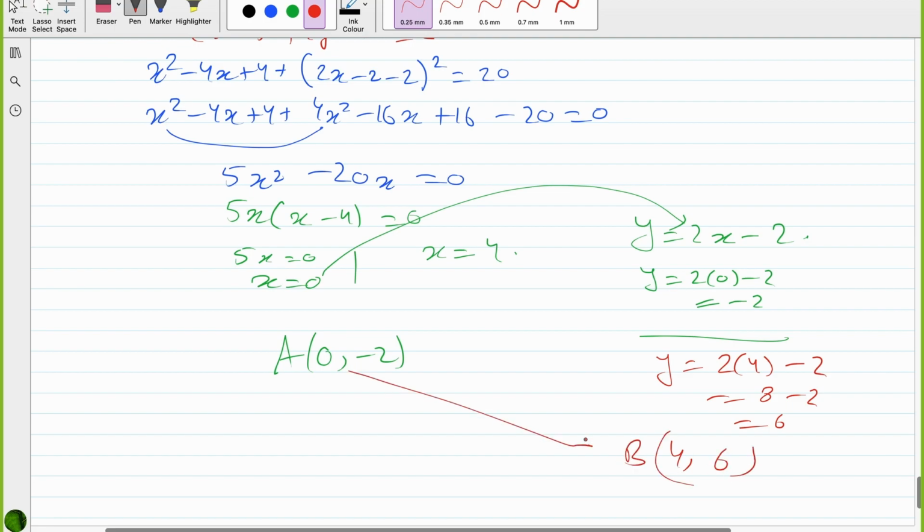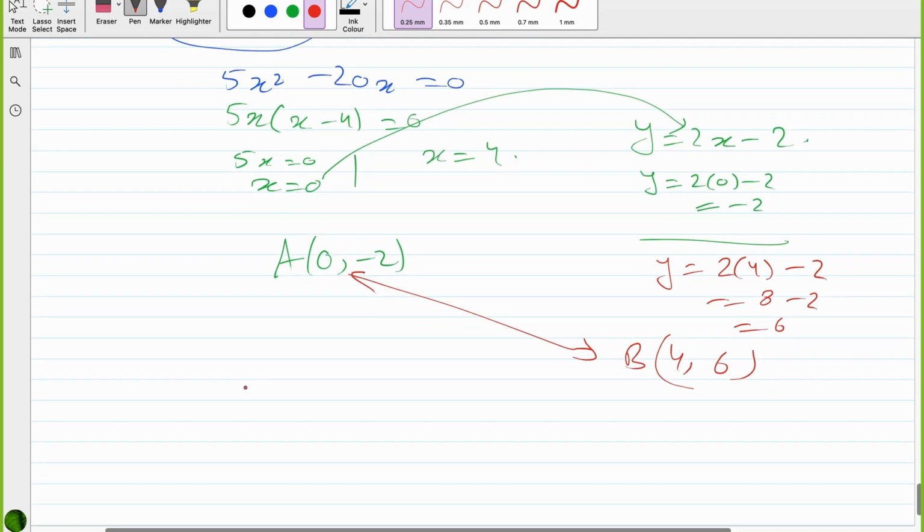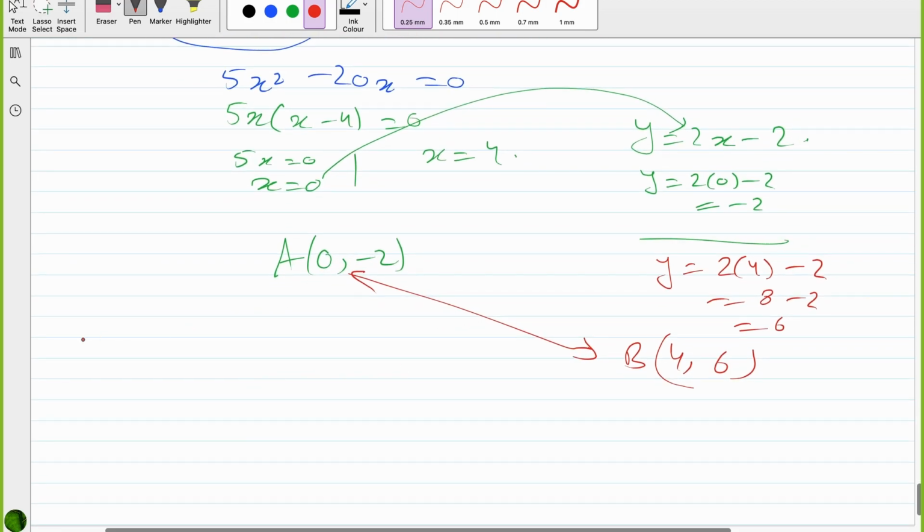Now this is AB. How do we show that it is a diameter? Length of AB must be twice the length of radius. So AB is equal to square root of x2 minus x1 whole square plus y2 minus y1 whole square.